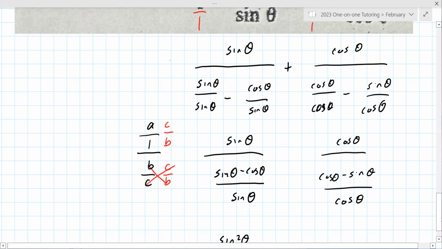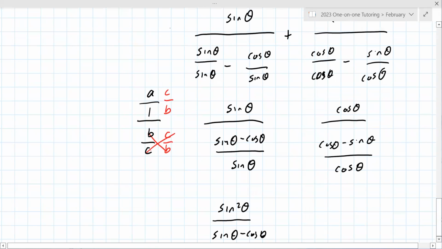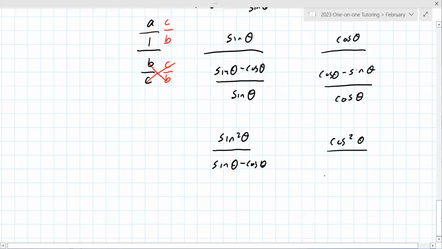Yeah, like that. Okay, good. And the cosine would go to the top, so it'd be cosine squared theta over cosine theta minus sine theta.